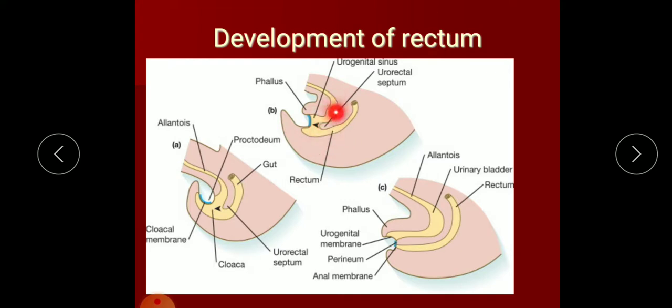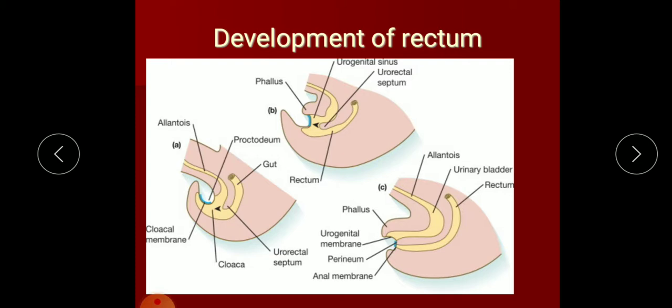Okay, this urogenital sinus you will learn later when you are taking urinary bladder. It is going to develop as urinary bladder and urethra, and this primitive rectum will of course be continuous above with the pre-allantoic part of hindgut. So that is the change occurring to the cloaca or post-allantoic part.